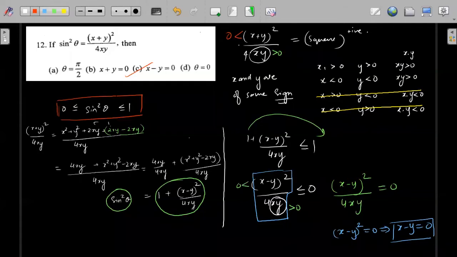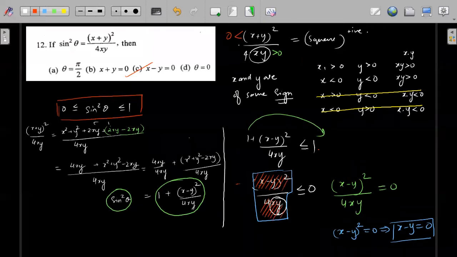Last 2 steps. Okay, fine. So I have taken this on the left side, so 1 minus 1 will become 0. That means (x minus y) whole square upon 4xy should be less than or equal to 0. Now we know this part is positive, and this part we have already taken care of, this part is also positive.